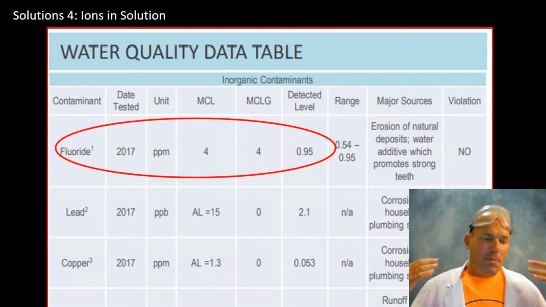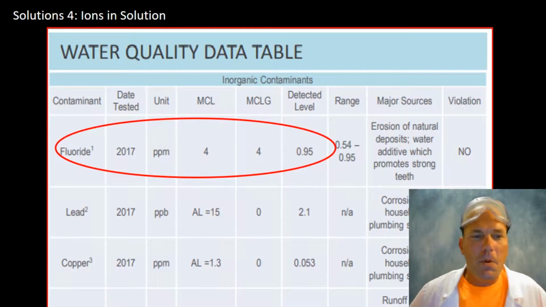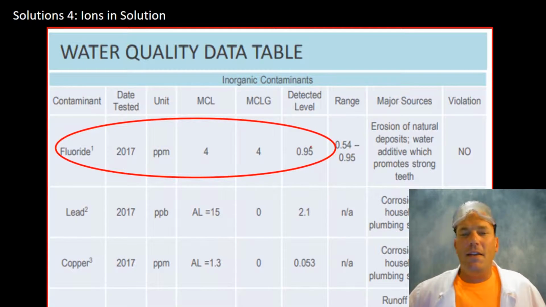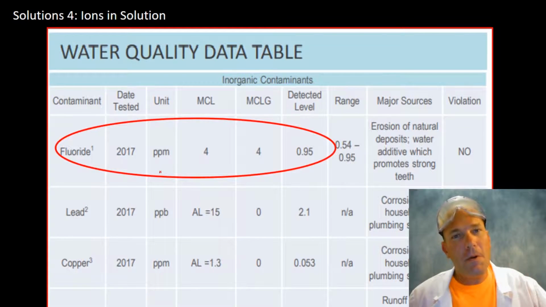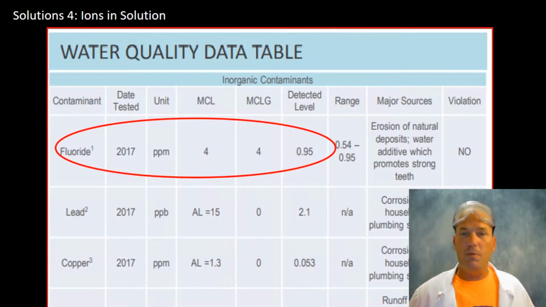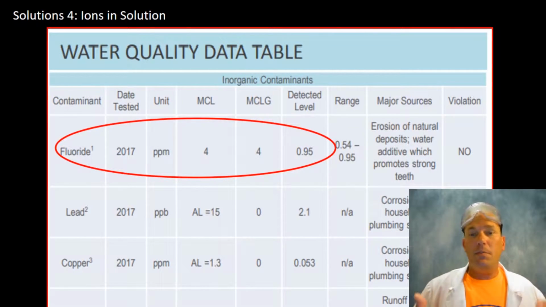And so Paulding County is no exception. And in last year's report, they detected 0.95, here's the kicker, parts per million. Remember a couple podcasts ago, that's one way of expressing a concentration, parts per million.